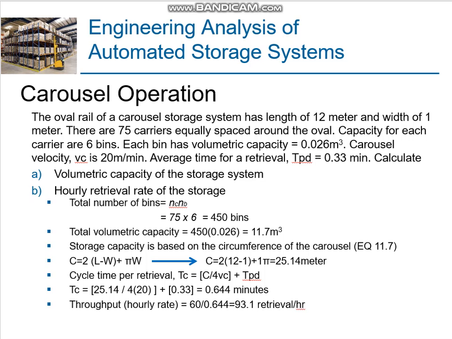So based on this cycle time, we can calculate the throughput, which refers to the hourly rate. So in 1 hour, we can obtain 93.1 retrievals, which is quite satisfactory.